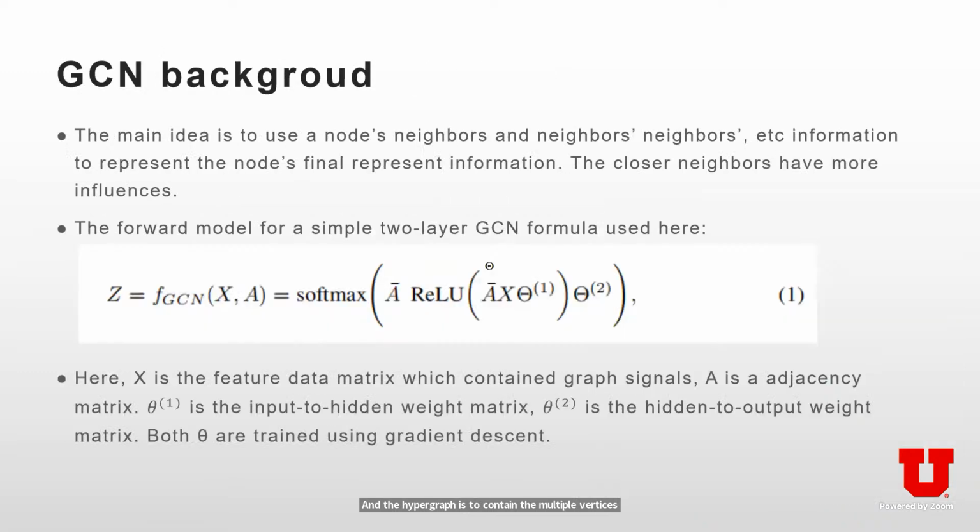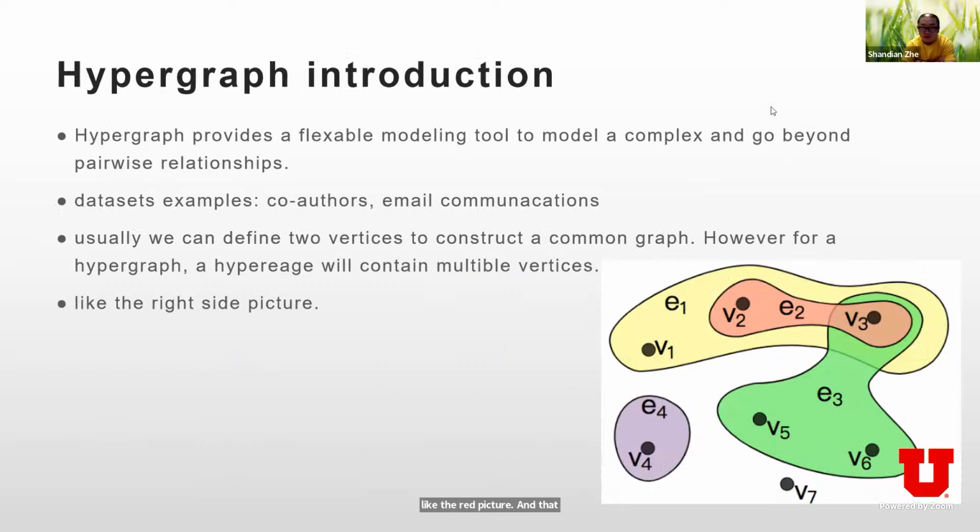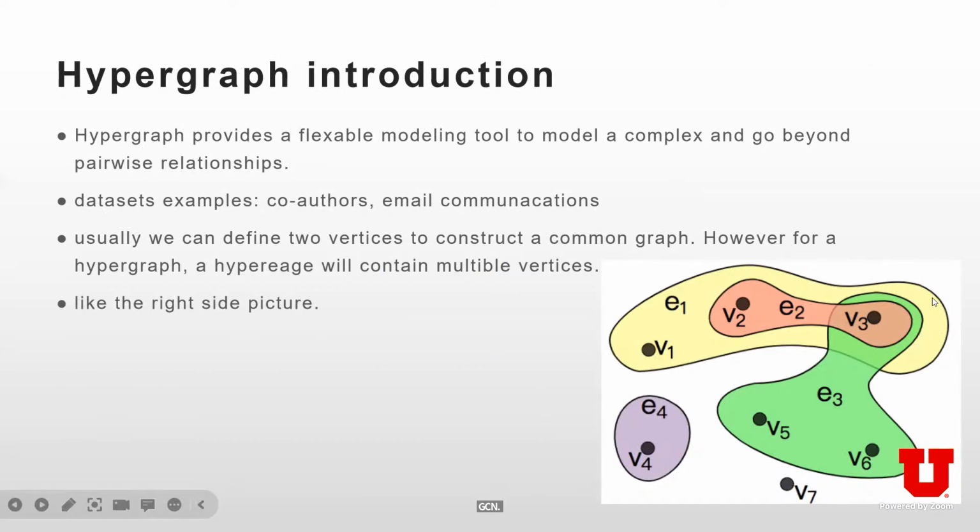Yeah, you should explain the graph. Okay, the graph is the green one, and the red ones are hyperedges E1, E2, and E3. V1, V2, V3 are vertices contained by E1, and V2 and V3 are contained by hyperedge 2.